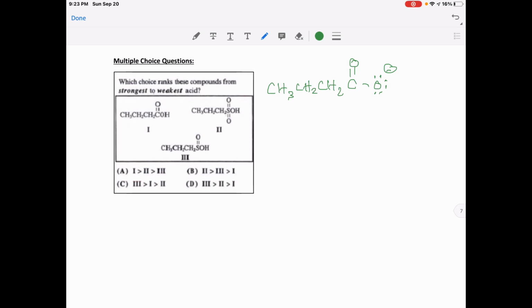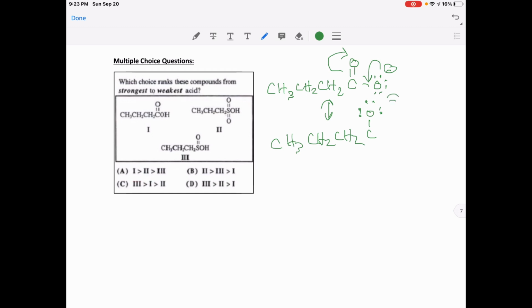So right away I can say that there is definitely resonance stabilization. And that one resonance stabilized form, if we move the electrons here, that causes the electrons in the carbonyl neighboring that oxygen to move up.